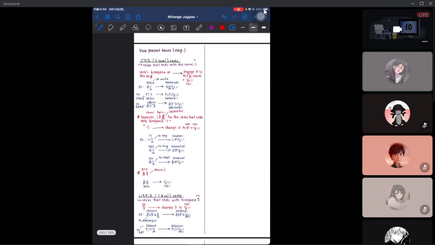This was in chapter 8 that we've learned, but it's revision time because it's quite related to what we've learned here. You will use the formula again. So this is the verb present tense negative. Are you okay?